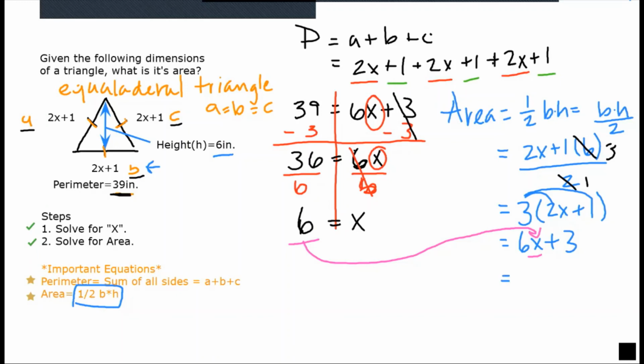And so 6 times 6 plus 3 is equal to 6 times 6 is 36. 36 plus 3 is 39. 39 square inches is your answer.